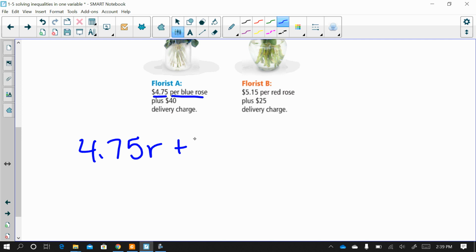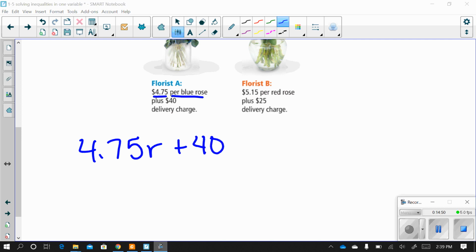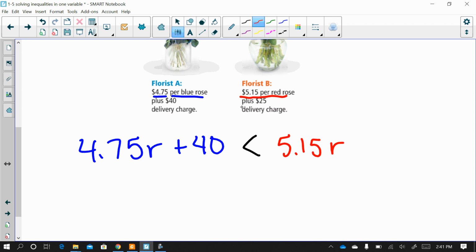So plus 40. Okay, so that's florist A, and we know that we want florist A to be less than florist B. So let's talk about florist B now. Well, florist B is 5.15 per red rose. So that's 5.15 times the number of roses, plus 25.